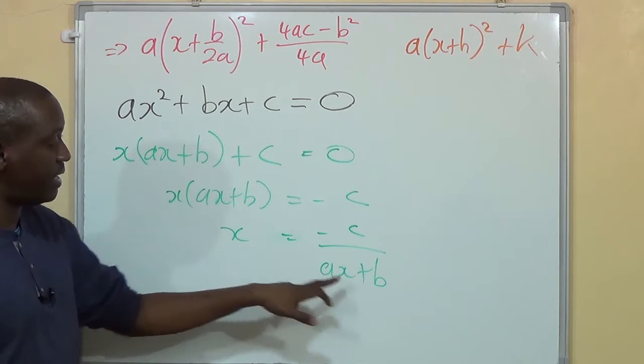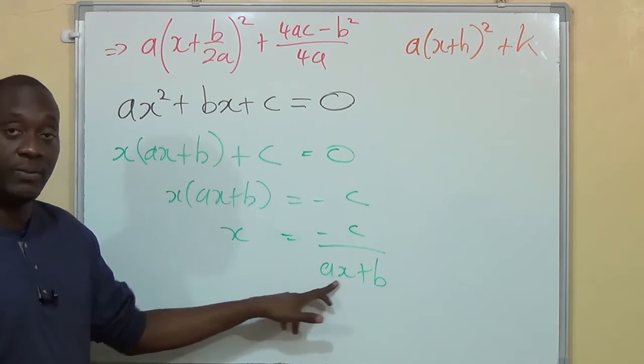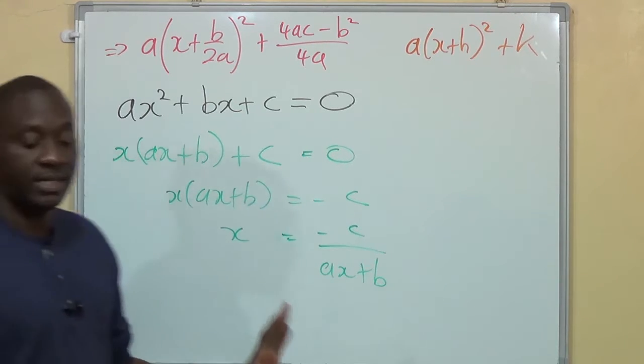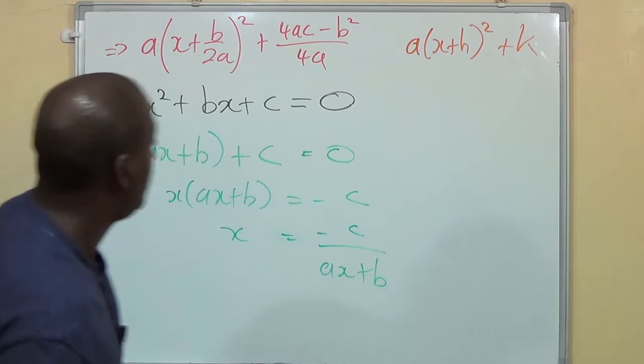We have x here and we have x embedded within this expression ax plus b. So this is clearly not an option.